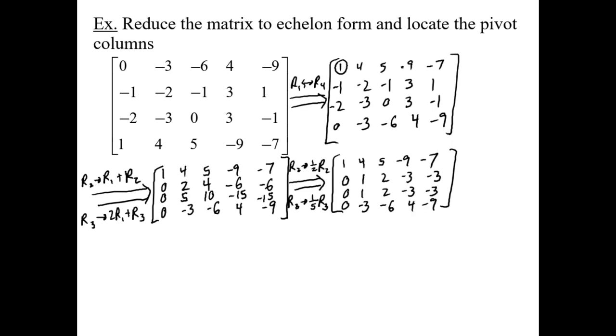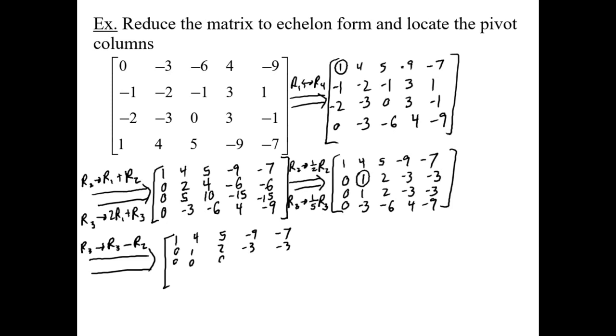Okay, so now we have a 1 in this pivot, and so now we want to get zeros below that. So row 1 is fine the way it is. Row 2 is fine the way it is. For row 3, I'm just going to do row 3 minus row 2. So we get 0, 0, 0, 0, 0, fairly boring.